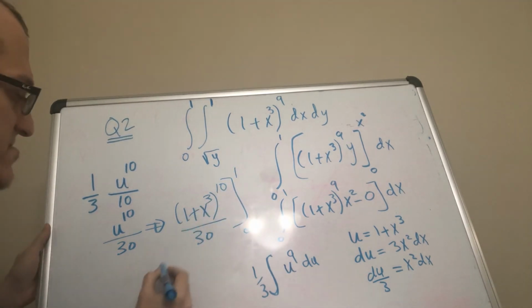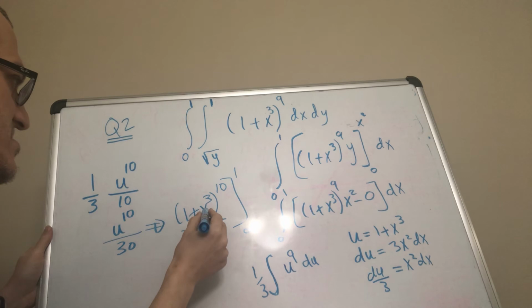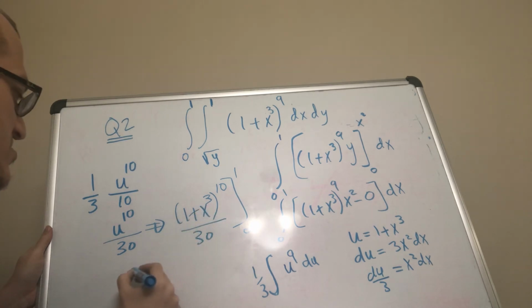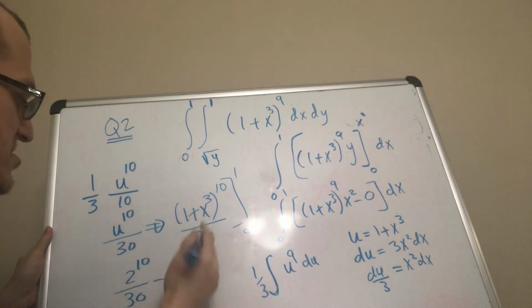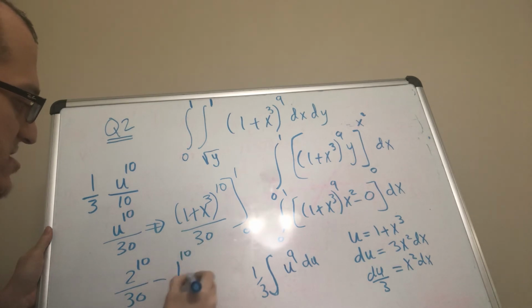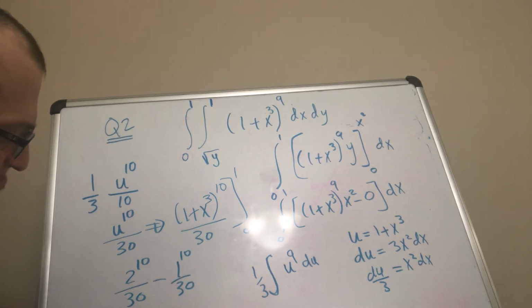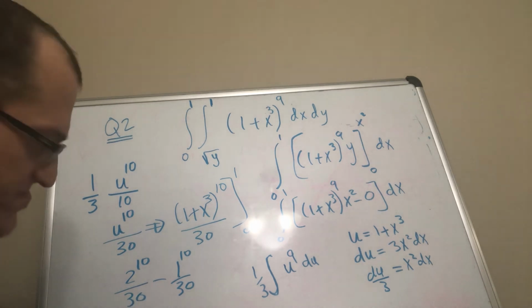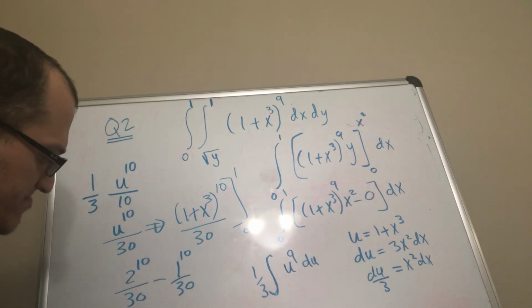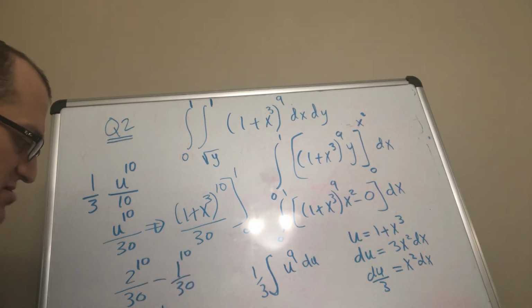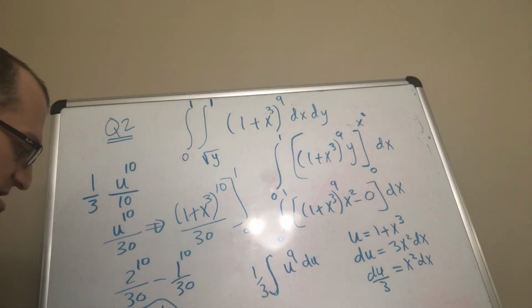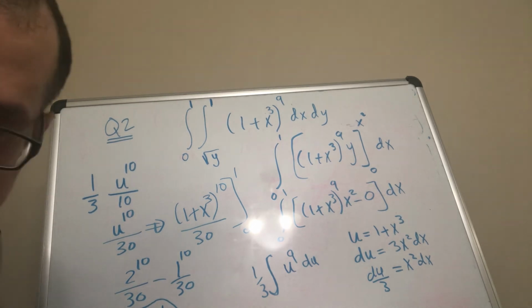You plug 1, it gives you (1 plus 1) to the power 10 over 30, 2 to the power 10 over 30, minus, you put 0, 1 to the power 10 over 30. And you can write this, they share the common denominator, 2 to the power 10 minus 1, because 1 to any exponent is 1. So this is your final answer for the integral.